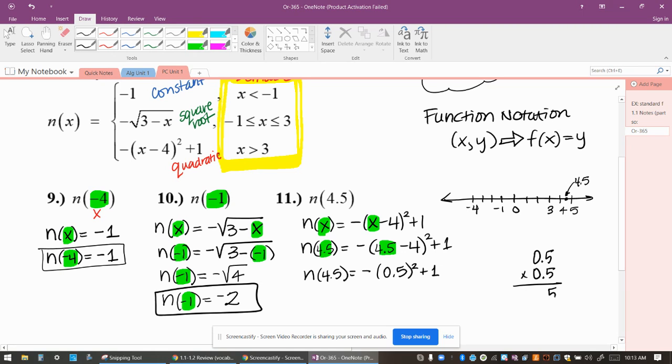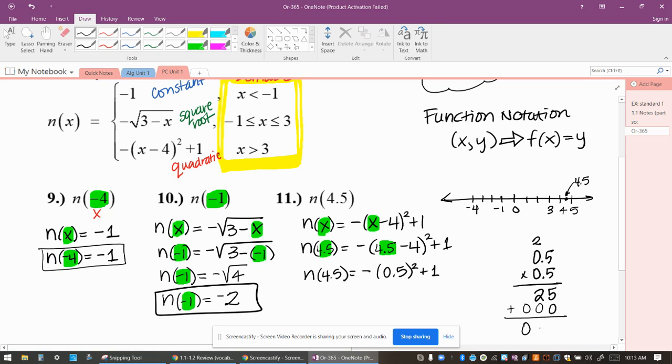5 times 5 is 25. Carry the 2. 5 times 0 is 0 plus 2 is 2. I don't know if you remember this rule: I multiplied 5 times 5 and times 0, then I have to multiply the 0 times 5 and 0, but that will all be zeros.